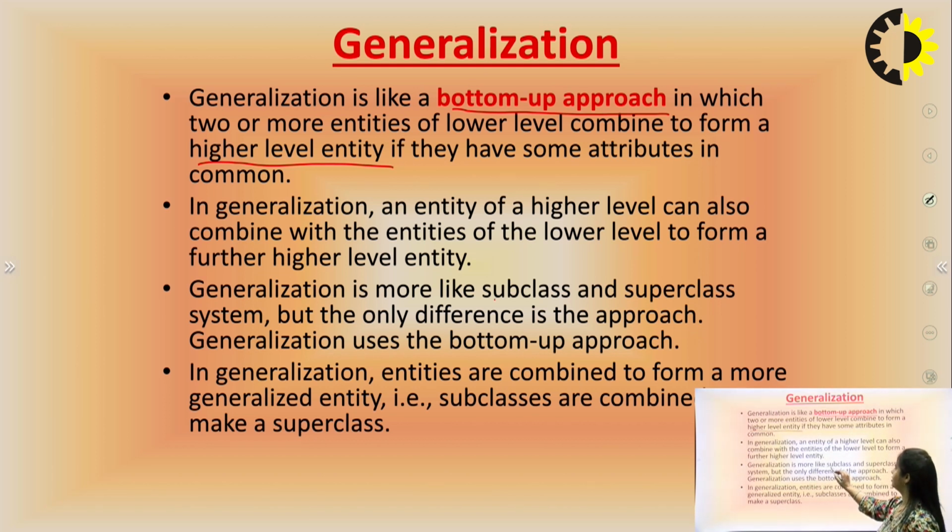Generalization is more like the subclass or superclass concept we have studied in the previous slides, but the only difference is that generalization uses a bottom-up approach, while subclass and superclass use a top-down approach. In generalization, entities are combined to form a more generalized entity. That is, subclasses are combined to make a superclass.